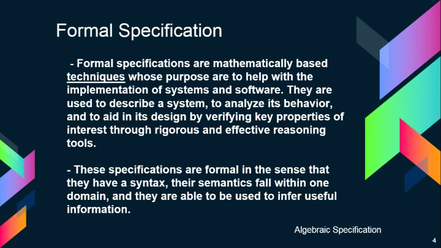They are used to describe a system, to analyze its behavior, and to aid in its design by defining key properties of interest through rigorous, effective reasoning tools. These specifications are formal in the sense that they have syntax and semantics.